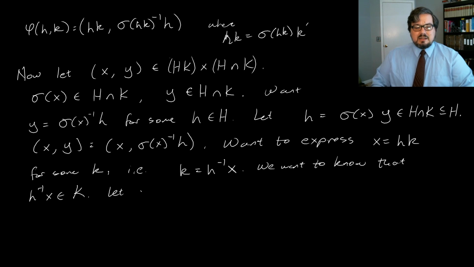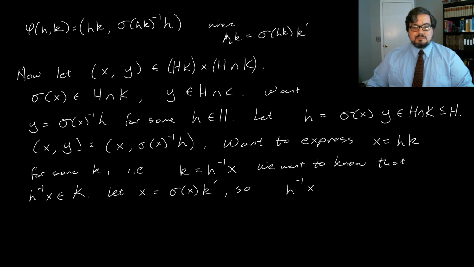Let's let x be written as sigma of x times k prime. We know that's possible because that's the definition of sigma of x. So we have that h inverse x is equal to h inverse times sigma of x times k prime. Now we know that sigma of x is equal to h times y inverse.